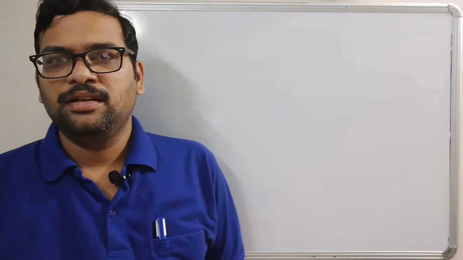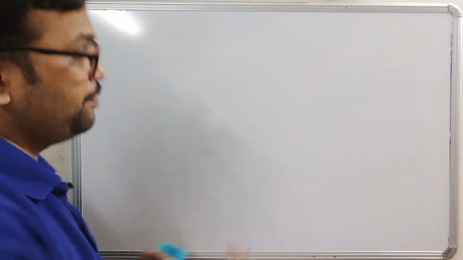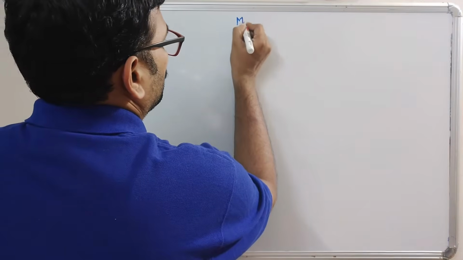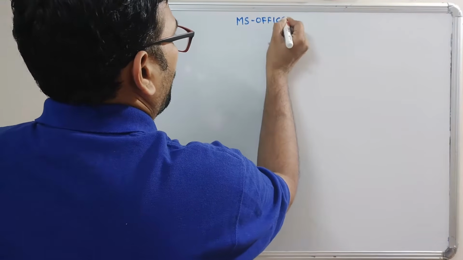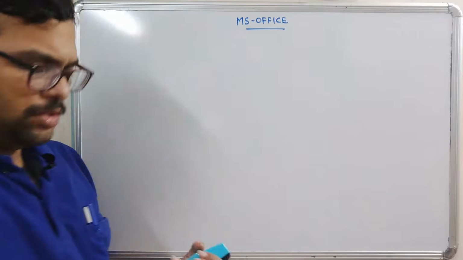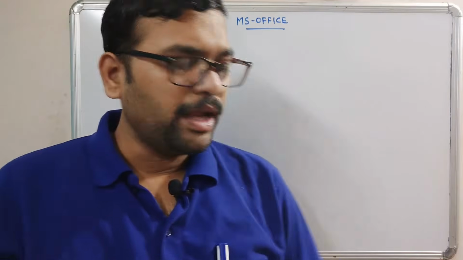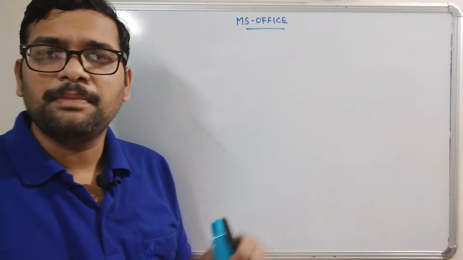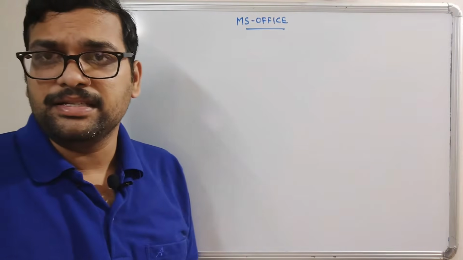So in today's session we'll discuss the introduction to MS Office. The name itself indicates MS means Microsoft. So Microsoft has developed this MS Office, right? In this MS Office there are a lot of applications.